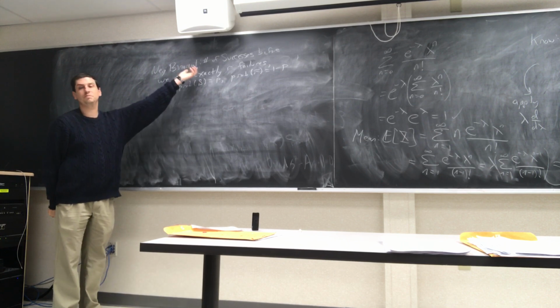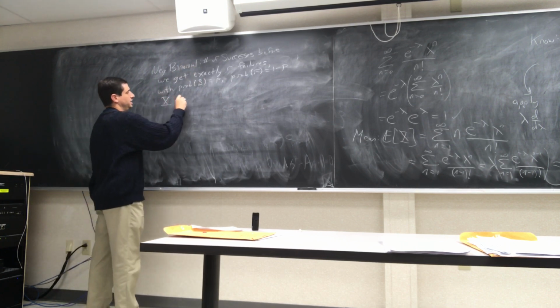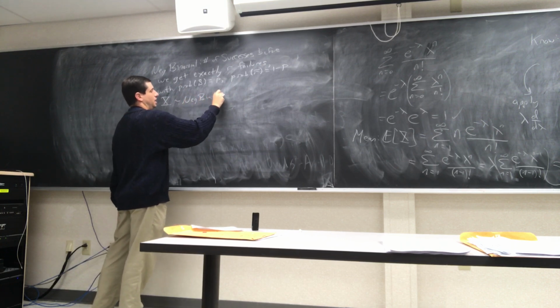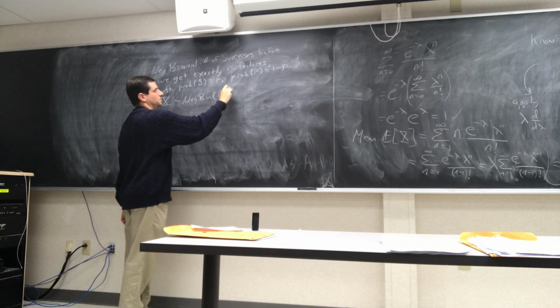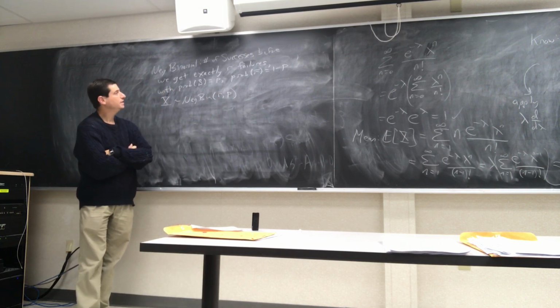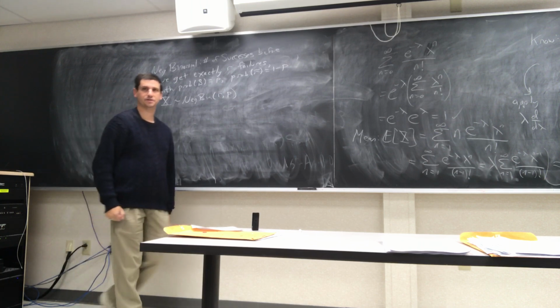So r is a fixed parameter. So you could say, x is negative binomial with parameters r and p. I have to give you two numbers. How many failures I want to have, and what's the probability of a success.